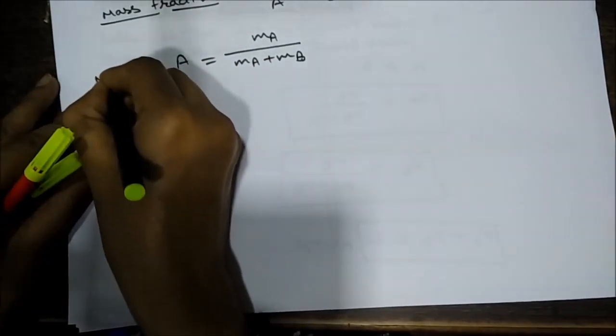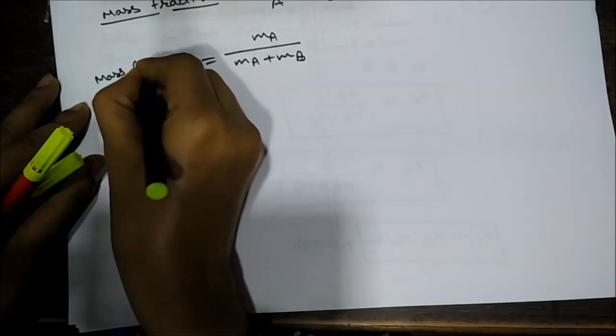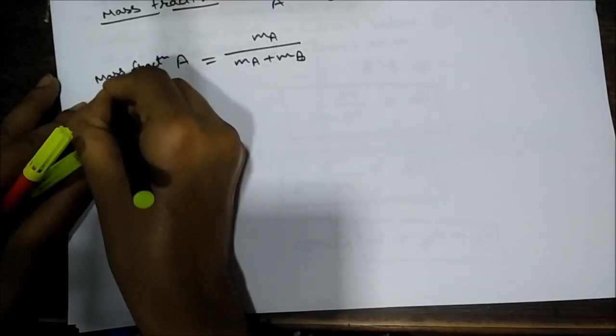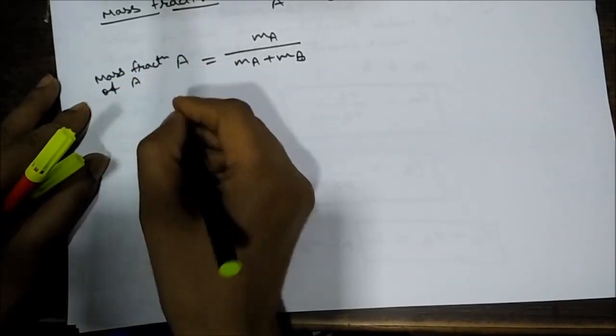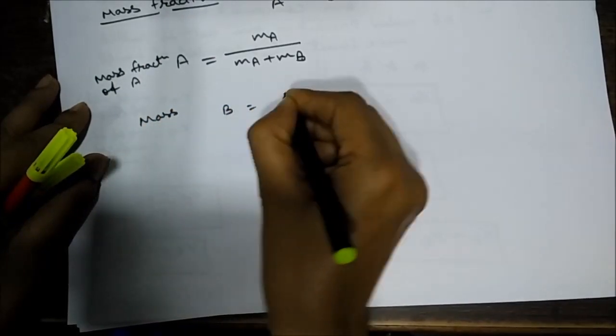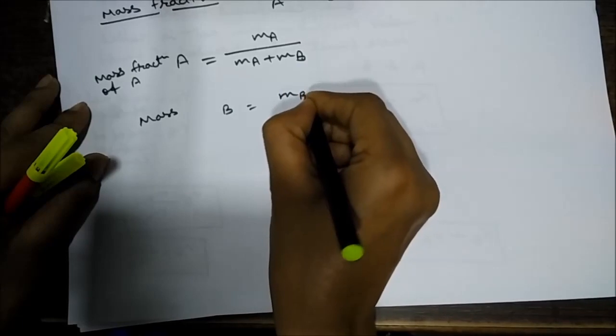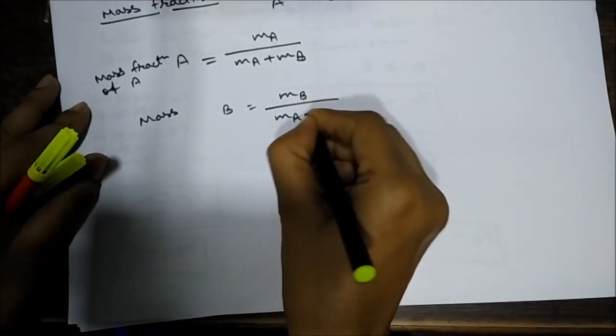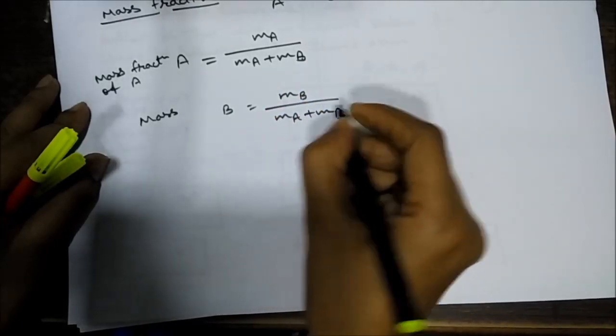It will be the mass fraction of A, Ma upon Ma plus Mb, and the mass fraction of B will be Mb upon Ma plus Mb.